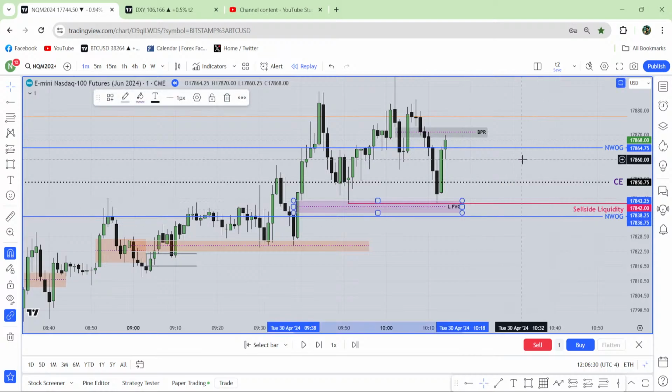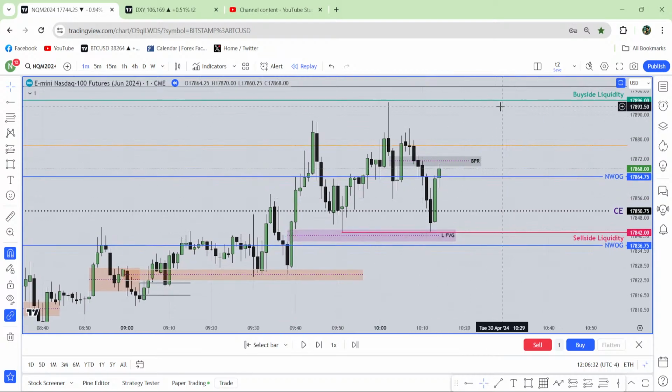Am I going to think that market is going to take that buy side liquidity? I don't know. It left this clean sell side liquidity, although it has tapped to this last fair value gap. Where is it going? Do you have any last fair value gap over there? You don't. What do you have? Only this BPR area, balanced price range area. You have only this thing.